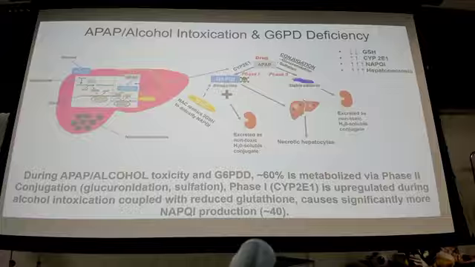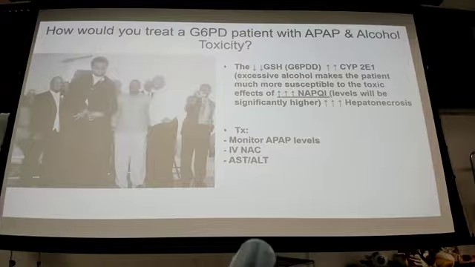So this patient is at significant risk for liver damage. You would treat this patient the same way as in the last example: monitor the patient's APAP levels, give IV NAC, and measure their liver function.